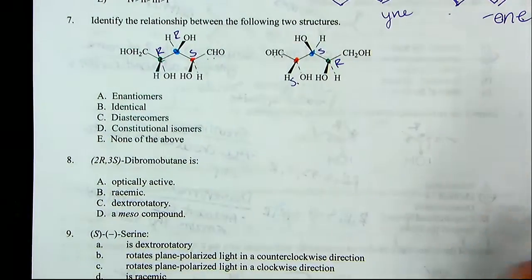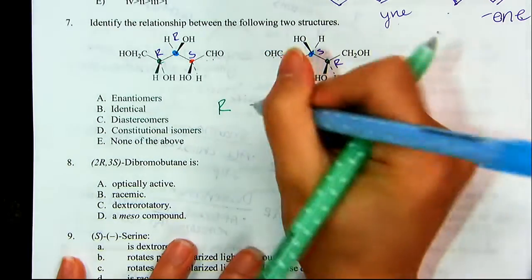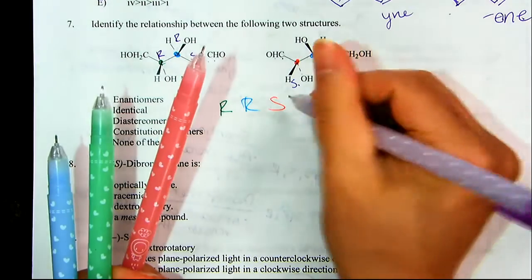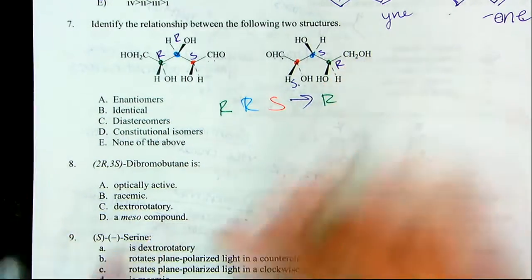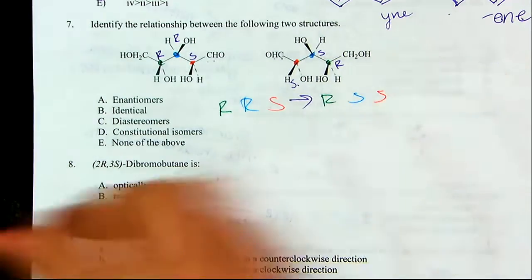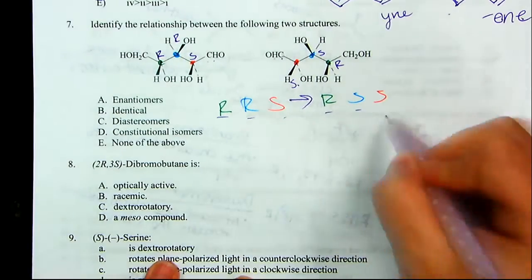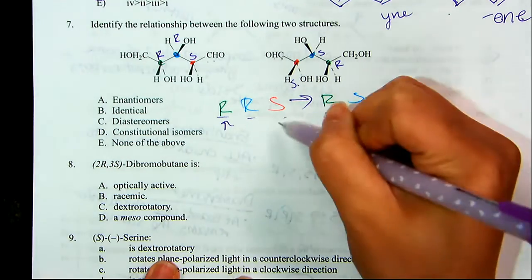So if you draw this out, so we have R, S. You're going to invert it so green is now R, blue is now S, and red is now S. So we look at this, R to R, R to S, S to S. So this stays the same, this changed, but then this one stays the same.